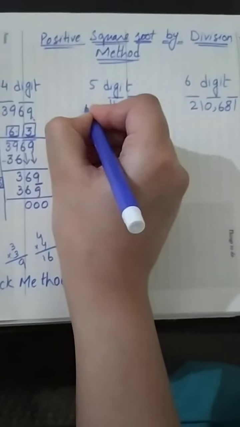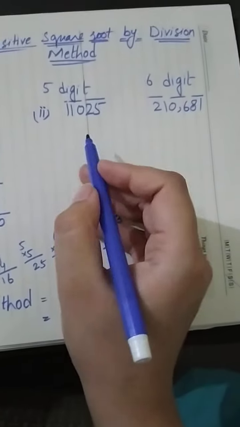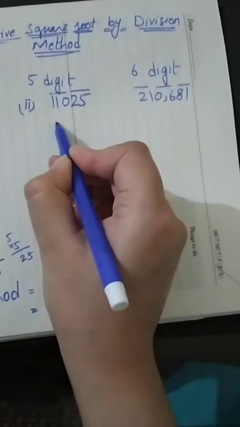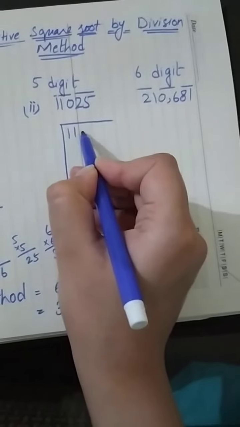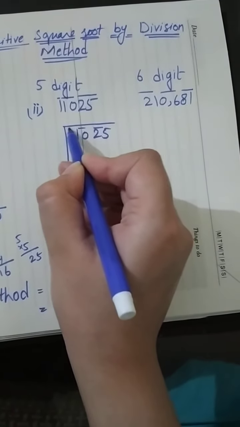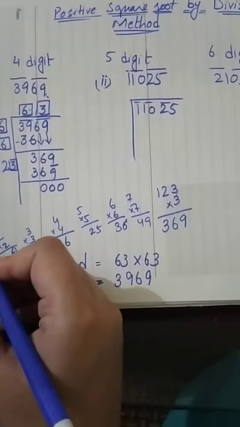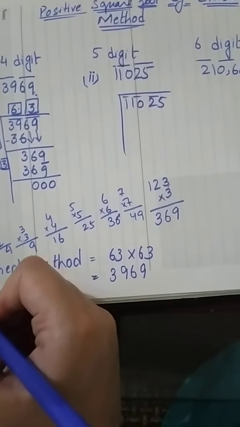Now I am going to solve part number 2. In part number 2, we have the number 11025. 2 2s are 4 and 1 1 is 1.